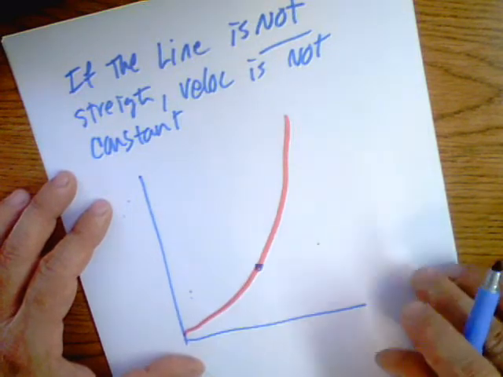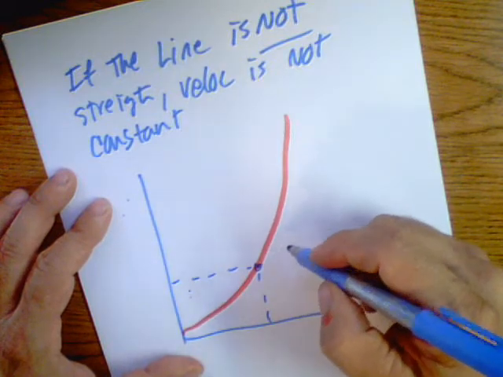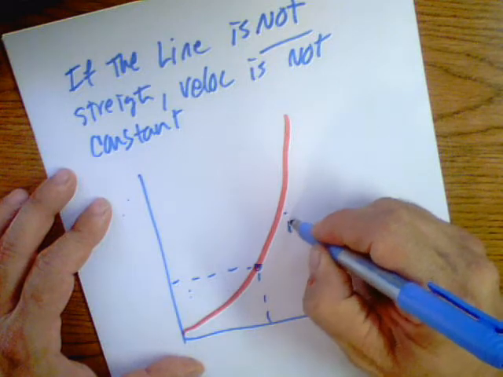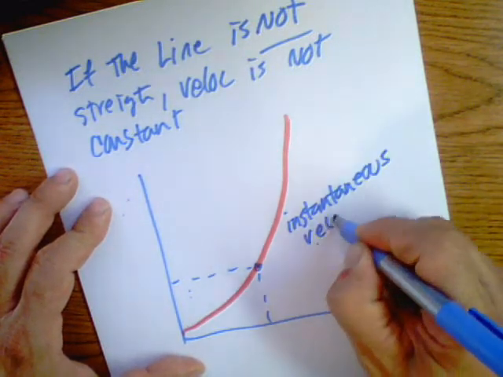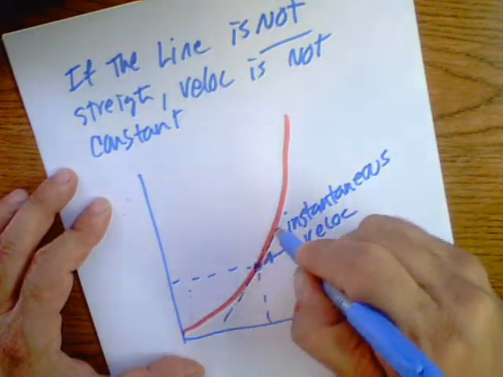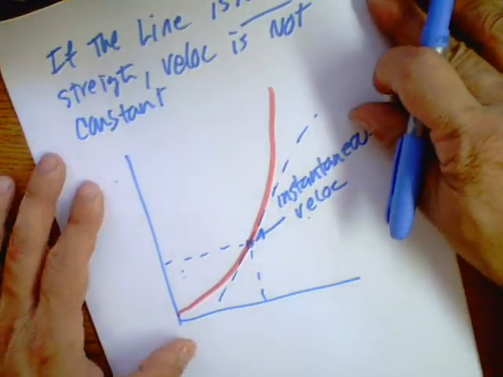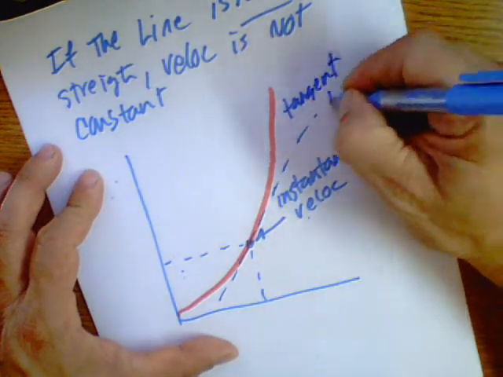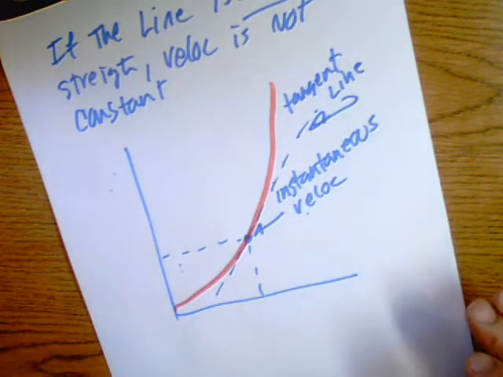Say we want to know what the velocity is at this given point. We would call this the instantaneous velocity. We just want to know what the velocity is at this point. And in order to find that instantaneous velocity, you have to find the slope of the tangent line. Here's the tangent line. You remember finding slope, rise over run.